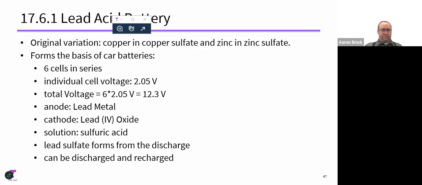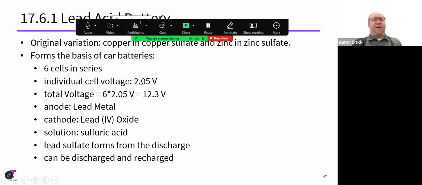Now, as the battery is being used up, we get lead sulfate in the medium as discharge. But the thing about the lead acid battery that we could not do with the voltaic pile is that the lead acid battery can be recharged.